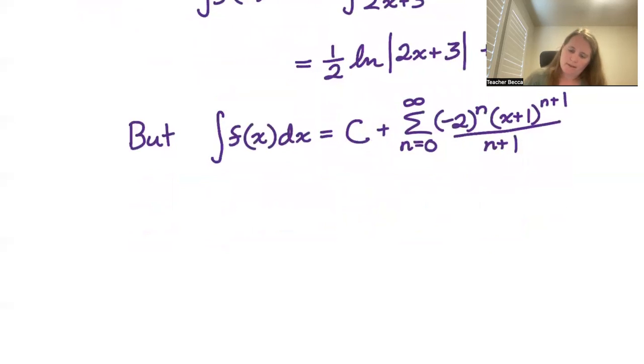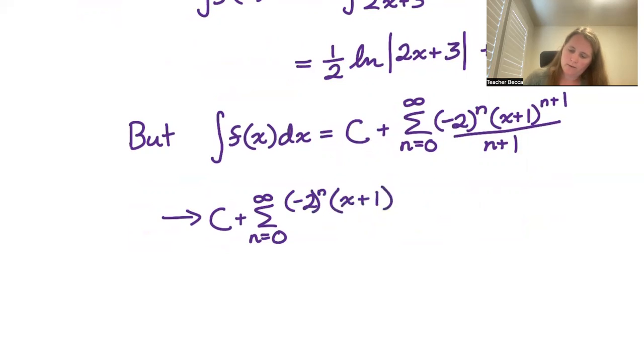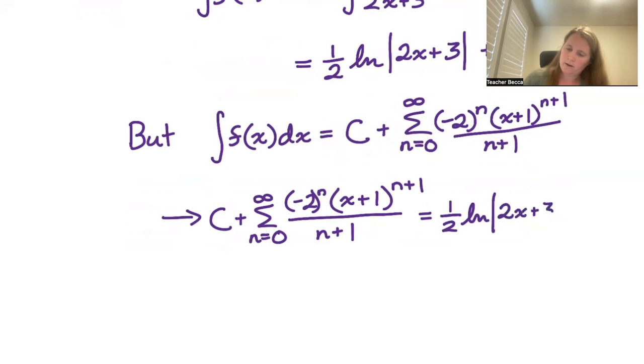And so what this means is that C plus the sum from n equals 0 to infinity of (-2)^n times (x plus 1)^(n+1) over n plus 1 should be equal to 1/2 times the natural log of the absolute value of 2x plus 3, plus C1.